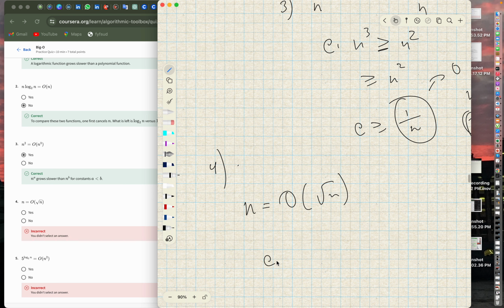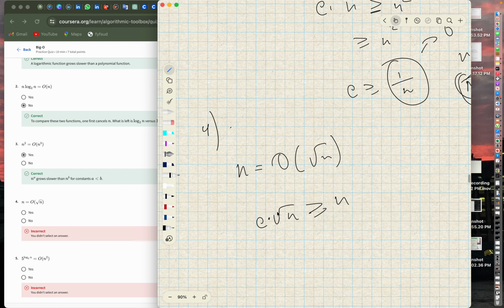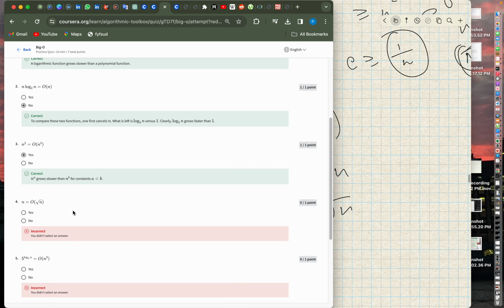We say, okay, c, is there a point where n to some power is bigger than n, and let's divide both sides by the square root of n. And as n grows, it goes to infinity, then no, it's not the big O.